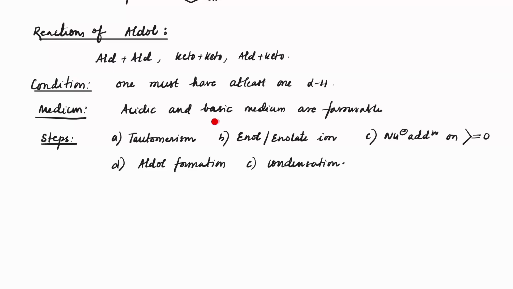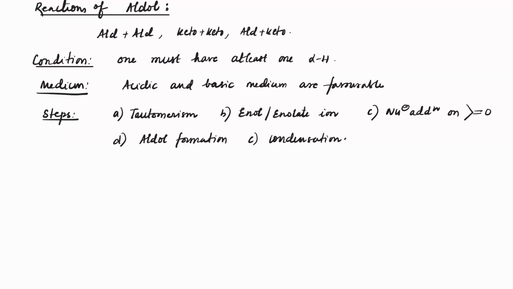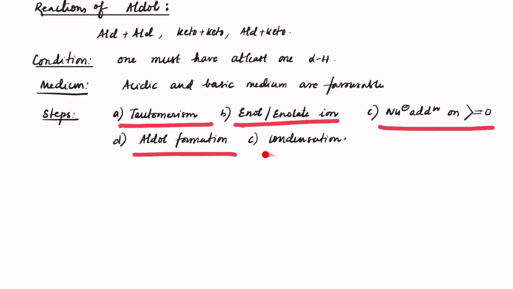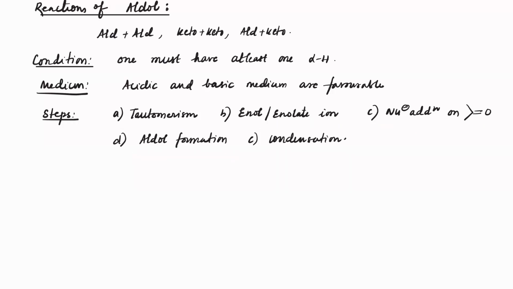And the steps involved in the reaction mechanism are tautomerism, enol or enolate ion formation, a nucleophilic addition reaction, and then aldol is formed, and then a condensation will also happen. Condensation means water has been eliminated out of it. So in this case, water will also be eliminated. So these are the basic ideas we should have about how the reaction takes place.